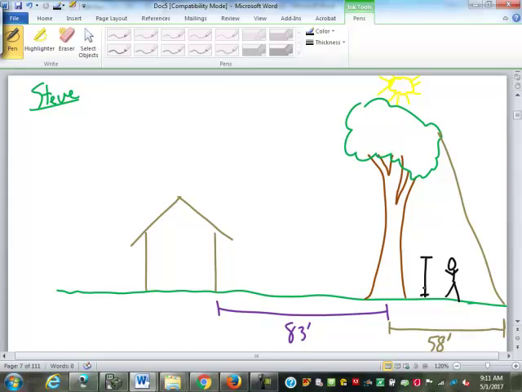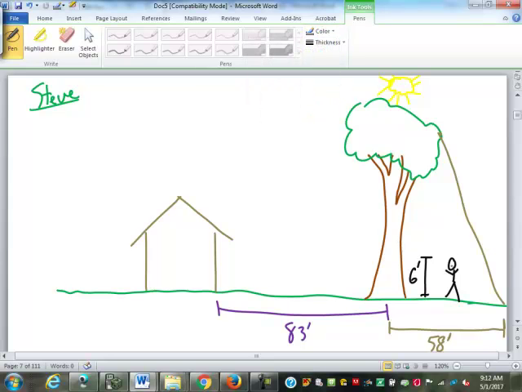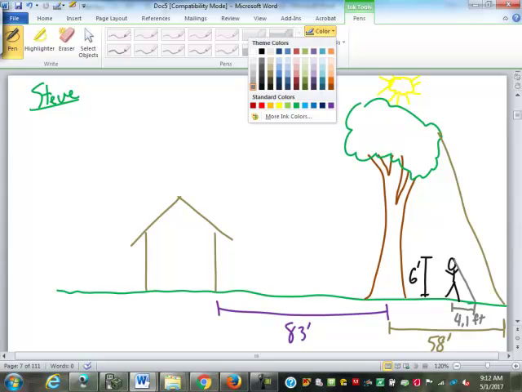Steve himself is exactly 6 feet tall. And his own shadow comes out to be 4.1 feet. So the question is, does the house survive?